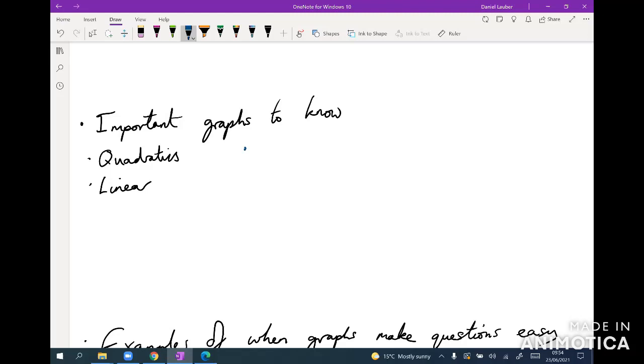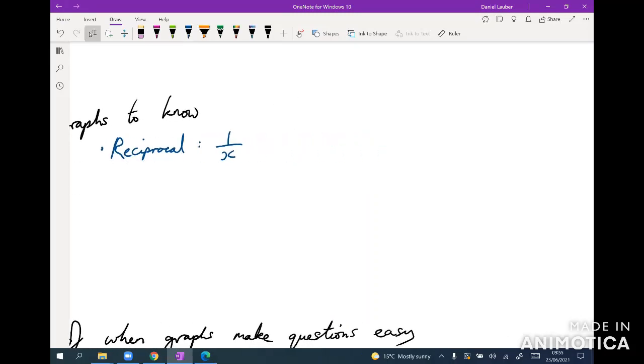So the first one is reciprocal, or in other words, 1 over x. And in the GMAT, you're not going to be asked to sketch any particularly hard graphs. So all you need to do is know these simple graphs. And if you're not sure if there's a slight twist on them, just try plotting some points. But you really shouldn't come across many strange ones.